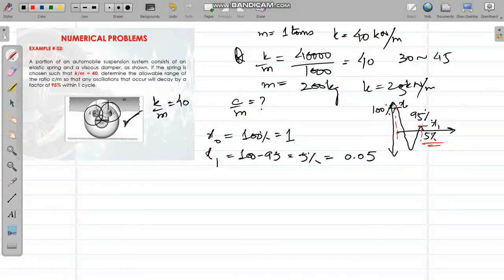Although the absolute values are not given in the numerical, you just take 100% as a factor of one. So whatever x0 is, x1 is 95% less than that.